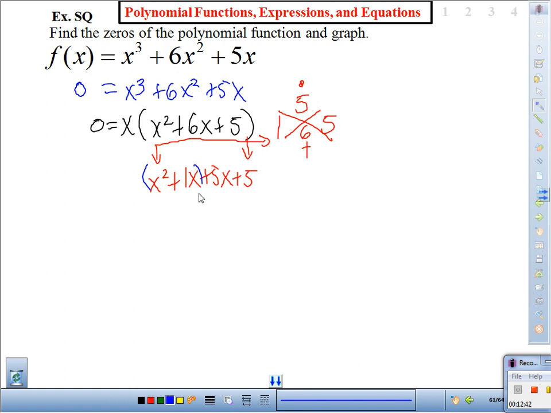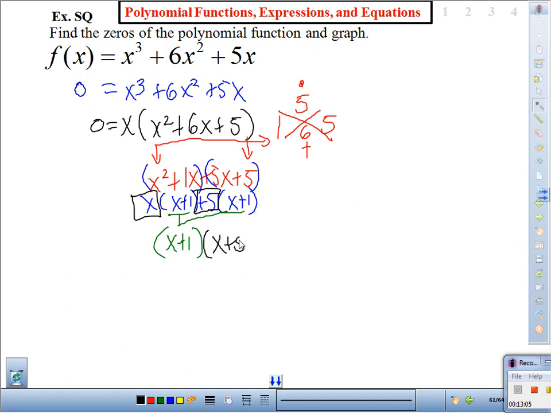Let's group this and this. GCF here is x, and we're left with x plus 1. GCF here is 5, and we're left with x plus 1. Therefore, what's the same here and here? x plus 1. And what do we have left over? We have x and the positive 5, so my other factor is x plus 5.